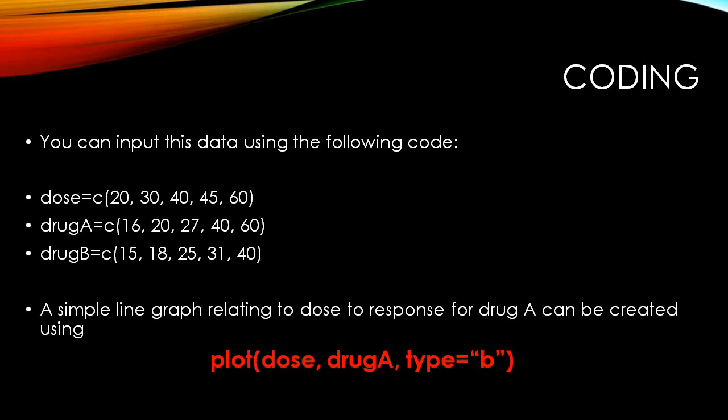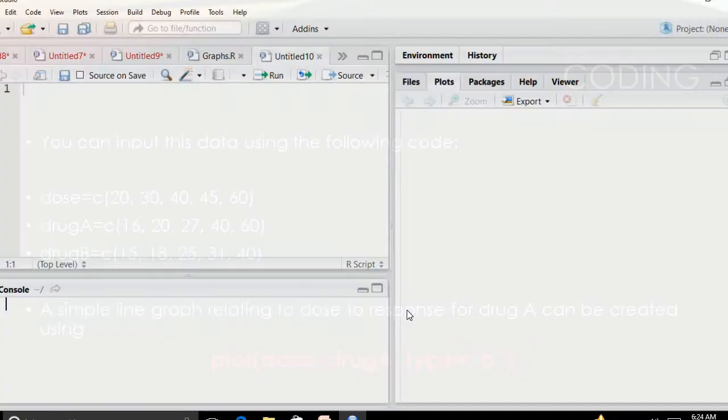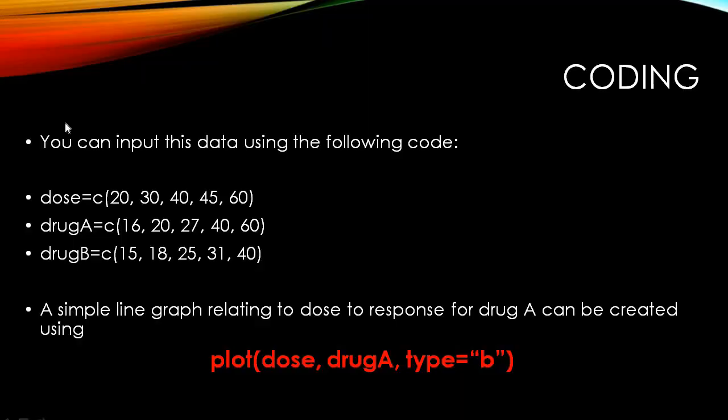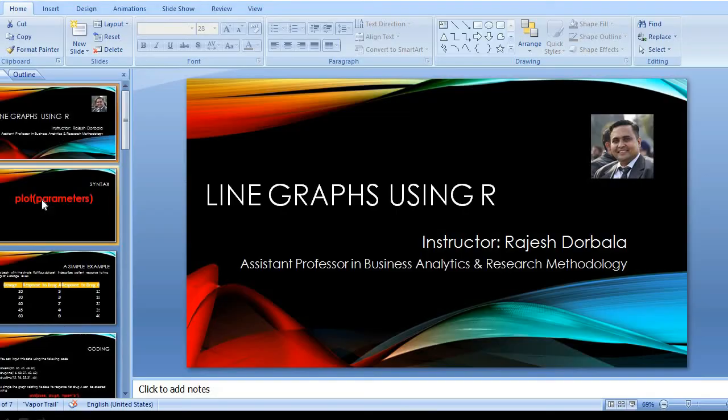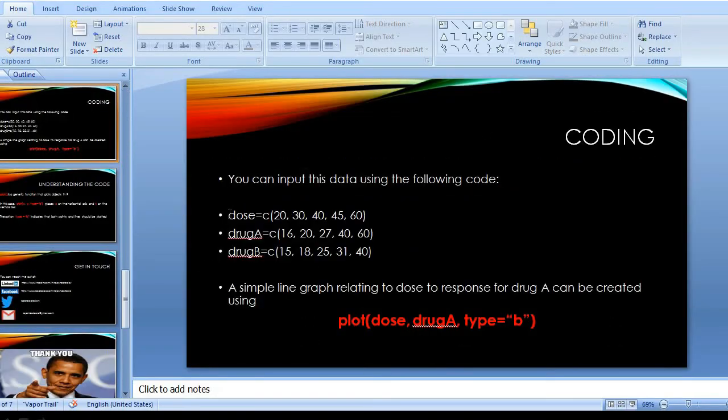This is the basic data. While creating the vectors, I'll copy the data exactly from here so that I don't need to type it again. Now this is my R software. I come over here and I just create my data. This is my data.